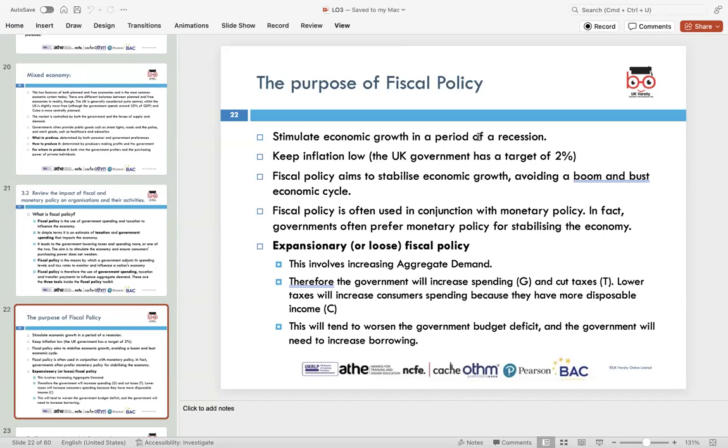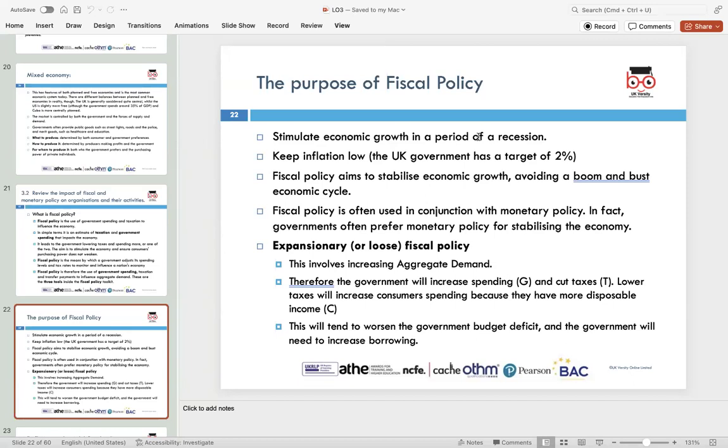In the period of recession, it is imperative to stimulate economic growth. To maintain a low level of inflation, the government of the United Kingdom has set a target of 2%. The objective of fiscal policy is to stabilize economic growth, preventing a cycle of economic boom and bust.